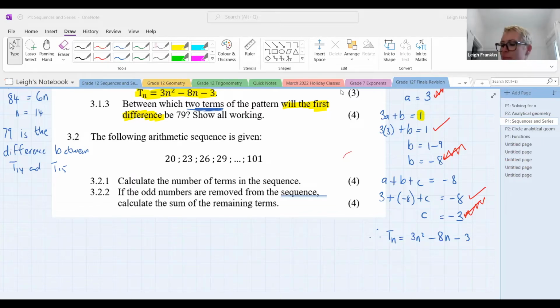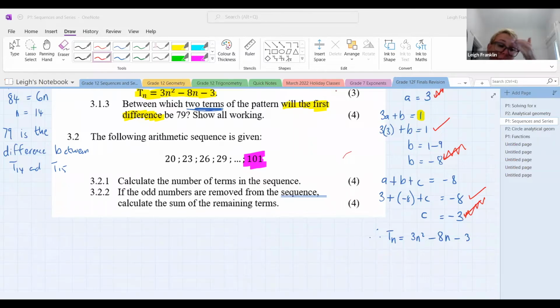What does this number 101 here at the end represent? What are they implying that that is? Is it an Sn or is it a Tn? Yeah, it's the last term. It's a Tn, because it doesn't have an equals to.